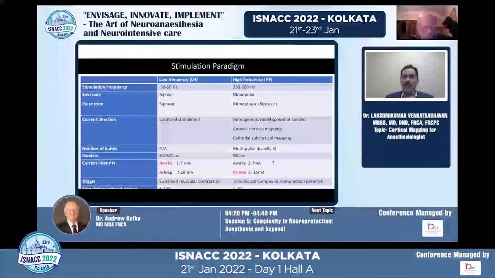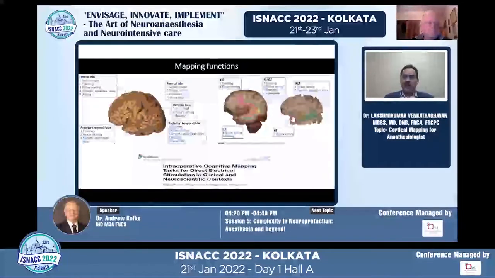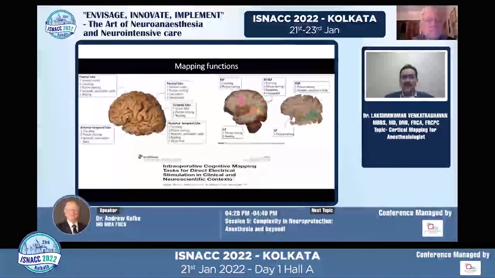So these are the two commonly used stimulation paradigms. When you're coming to the mapping functions or responses, for both cerebral cortical mapping and subcortical mapping, depending on the different regions, there are different testing paradigms. I think that's beyond the scope of this lecture, how to do language mapping, speech mapping, and the different parts of it.